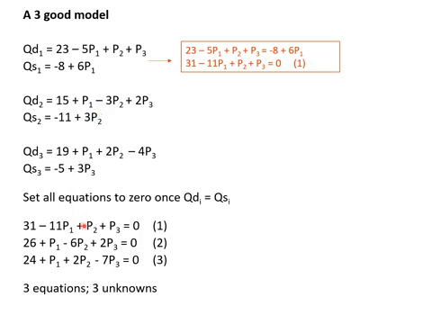So we end up with these three equations here, and there are three unknowns. There's P1 for good 1, P2 for good 2, and P3 for good 3. And we need to identify the set of prices, P1, P2, P3, that satisfies all of these three equations.